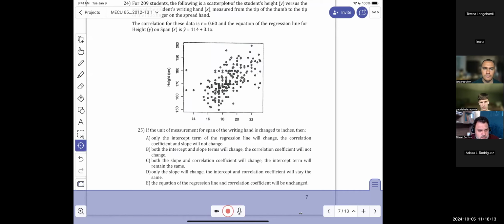So this one is in centimeters as well, and you're correlating student height and span. So they're both in centimeters, but if I change this graph to be inches, what will change? The slope, the intercept, or the correlation?